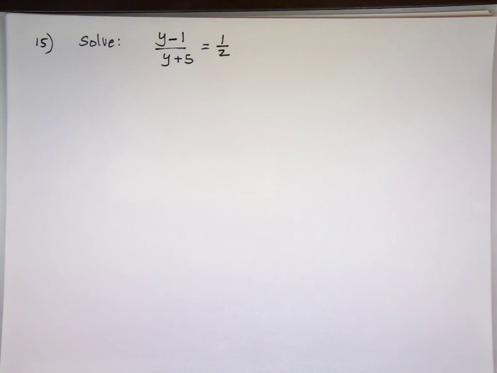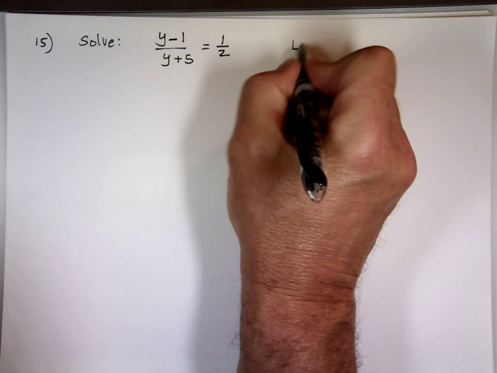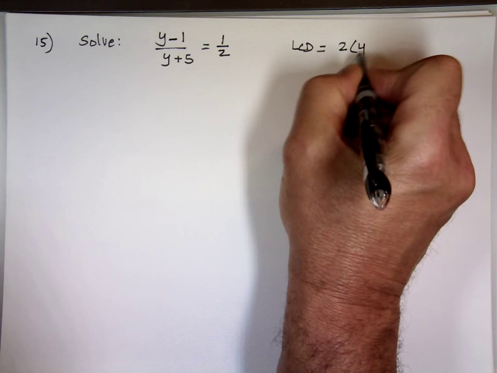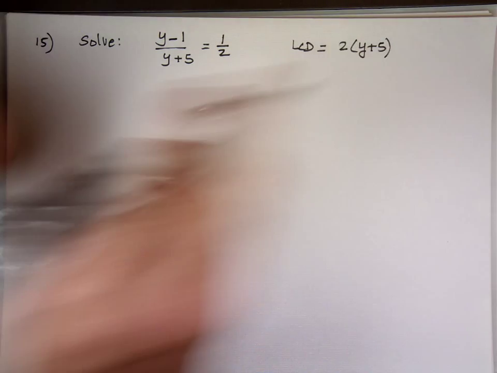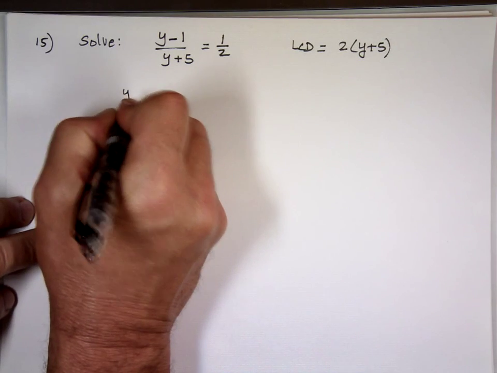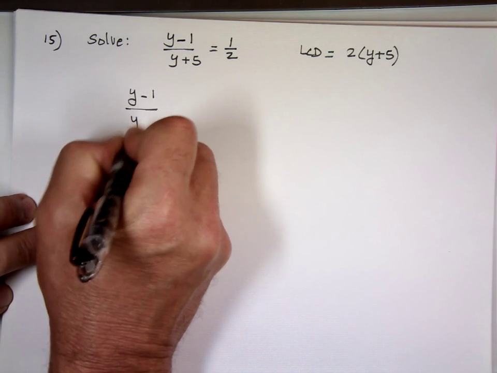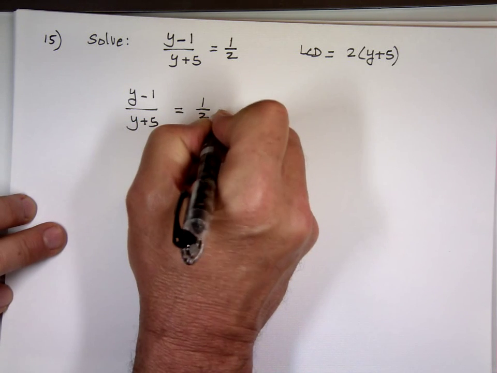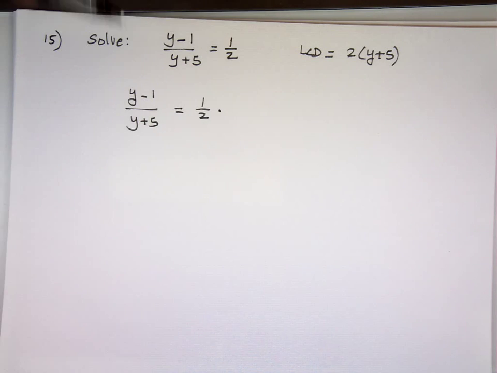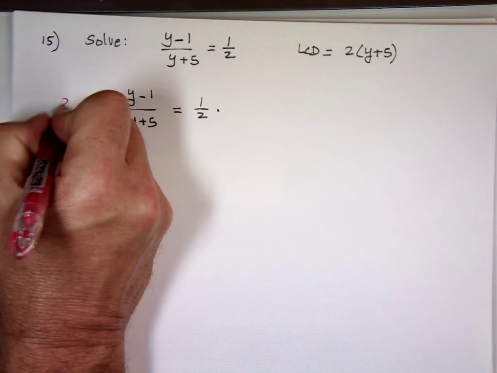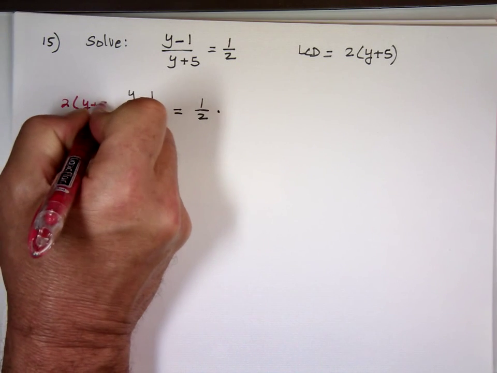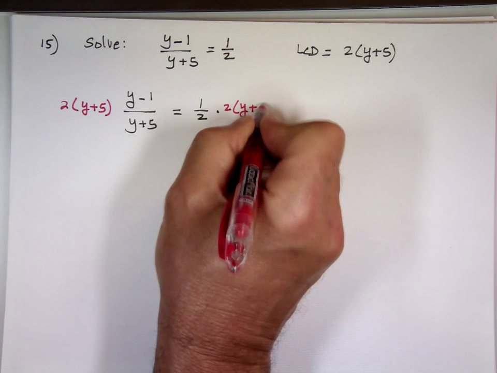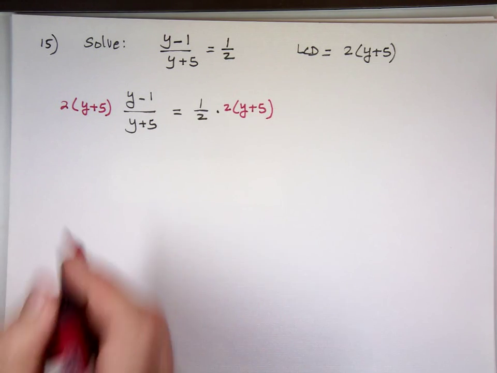Again, my LCD here is this times this. So I'm going to multiply each one of these sides by the LCD. So I'm going to multiply this side by 2 times y plus 5. And multiply this side by 2 times y plus 5. This y plus 5, because that's really over 1.